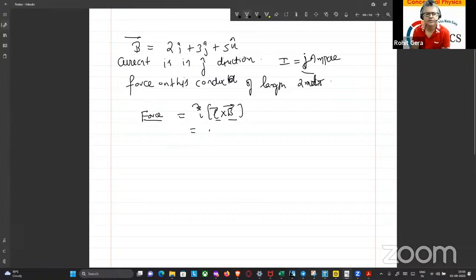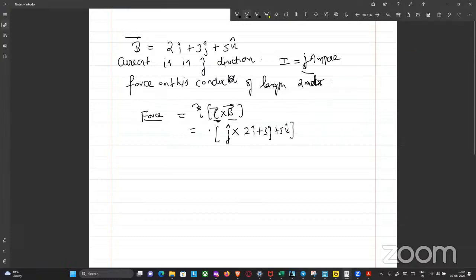Which means the direction of the length on which it is lying is J cross B, where B is 2I plus 3J plus 5K.